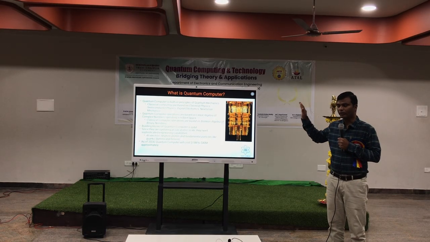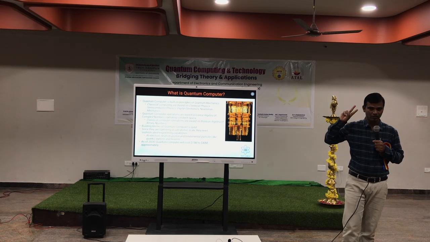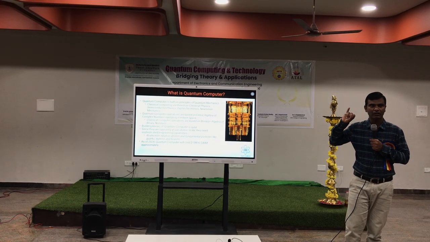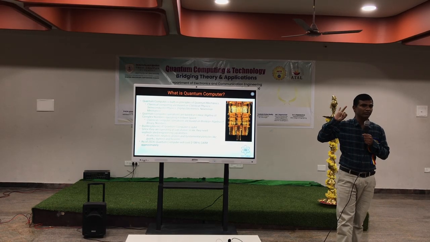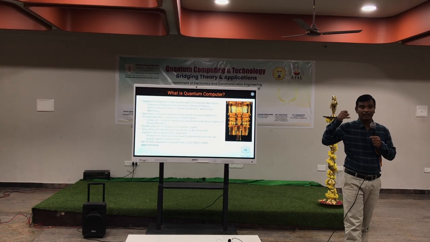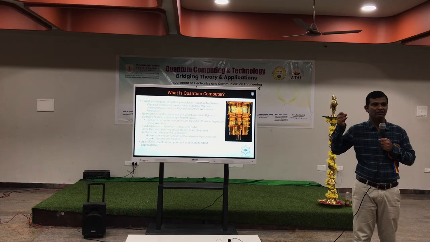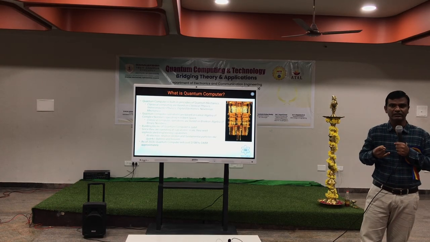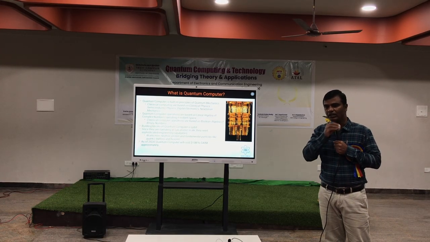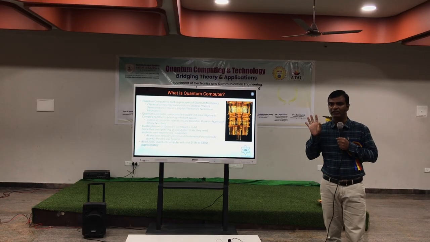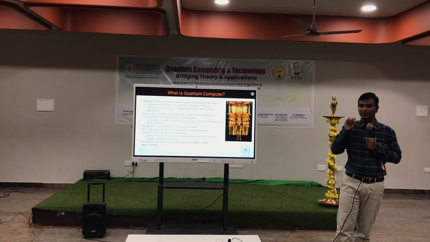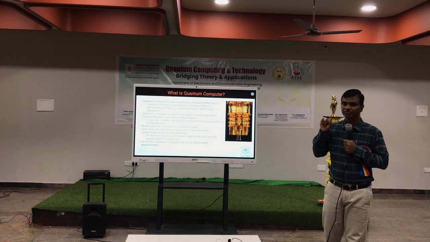Computer programming can be classified into two types. One is called high level programming, and the second is called low level programming. The languages you use, like Java, .NET, Python, Ruby, Perl, everything falls under high level language. The second one is called low level language, which we call assembly language.